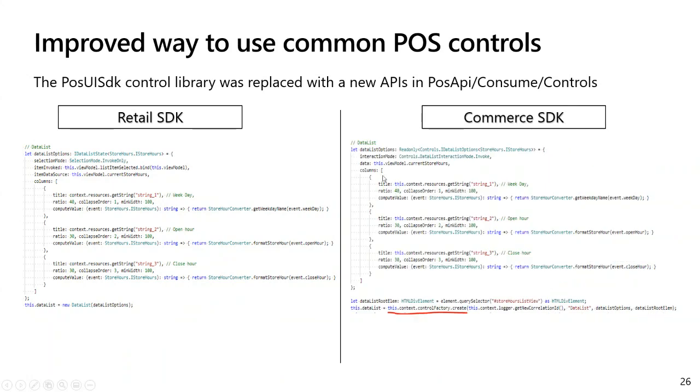You can see the vast majority of the code looks very similar, with just a couple of changes in terms of the creation of the control itself using the control factory create method. All of this is further documented in our docs on docs.microsoft.com. There's an article dedicated to how to use the control factory to consume common POS controls.